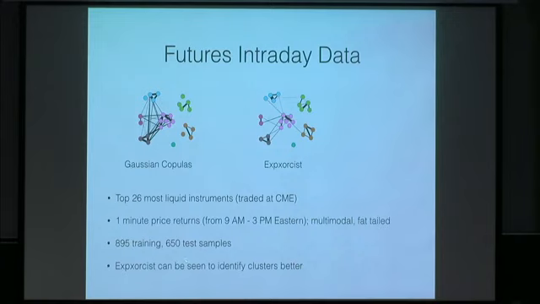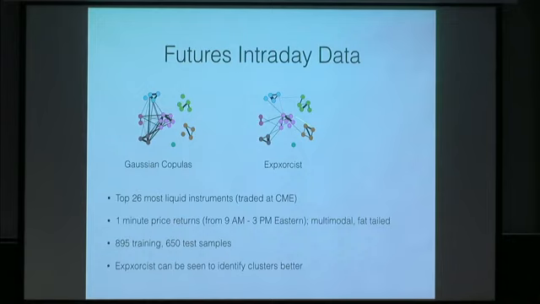Here all of these colors correspond to companies of a particular category, and I'm estimating the conditional independence graph of the joint density. You would expect the estimated graph to have high dependencies among the companies in the same category and low dependencies across categories. The Gaussian copula does not do that, but our Expxorcist density does.